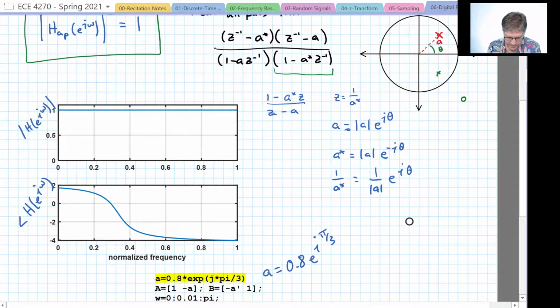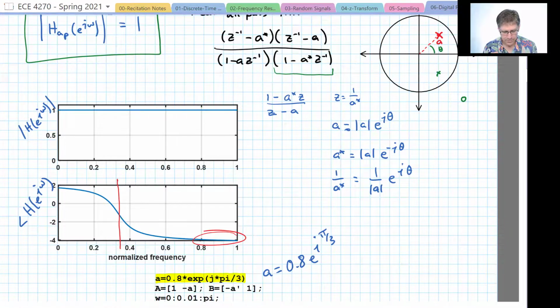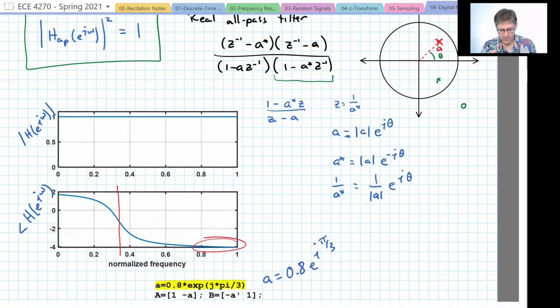You can see that right at pi over 3, the frequency where our pole and zero lie, is where we have the strongest phase change. As we move far away from there, it's linear with a very small angle, almost flat. So that's an all-pass filter.